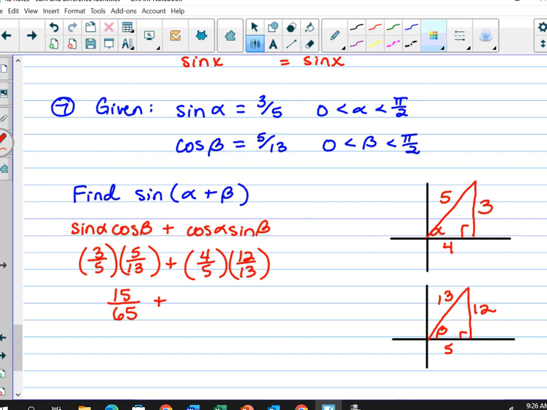And then the next set of fractions, what's 4 times 12? 48 over 65. Okay, 15 plus 48. 63 over 65. That is your answer. That's it. That's what we're doing right there. That's it. You made it.